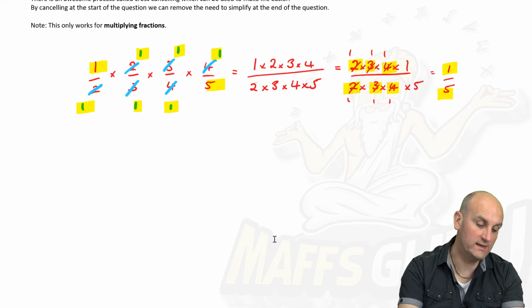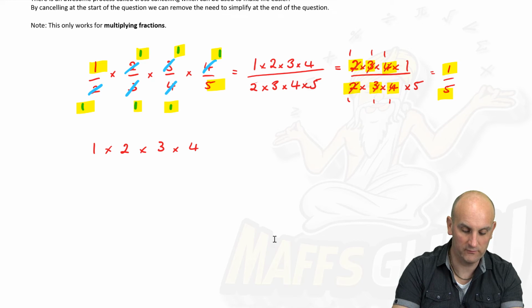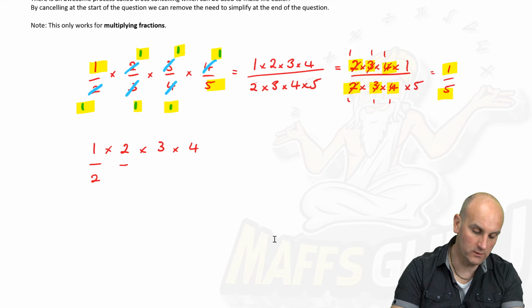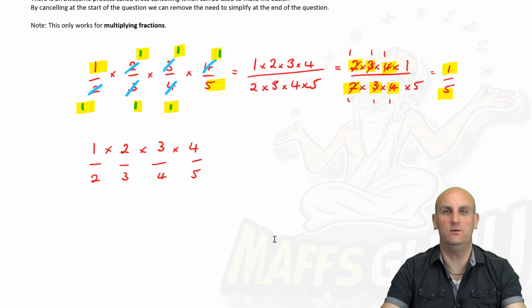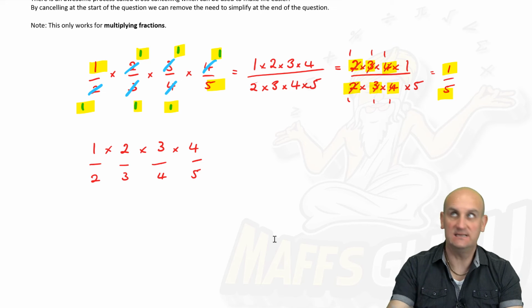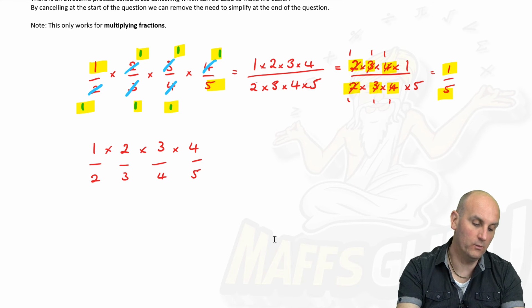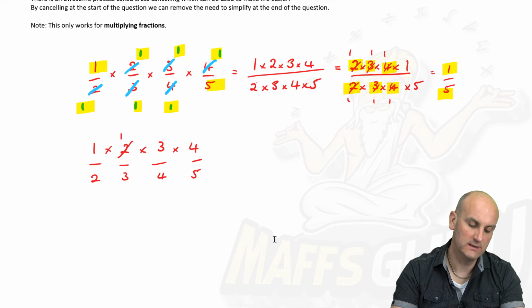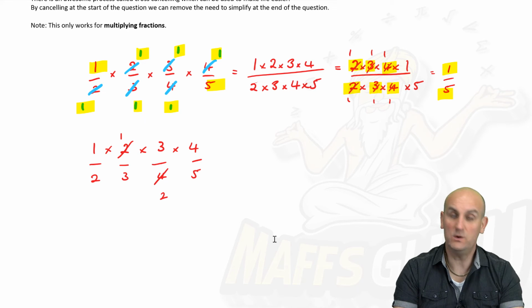There were different ways of doing this, all right? 1 times 2 times 3 times 4 on 2, 3, 4, 5. We can actually cancel in any way we like. It's easier to cancel a number on the top and a number on the bottom. But what do we notice here? I've got a 2 on the top. 2's into there goes once, and 2's go into there twice.